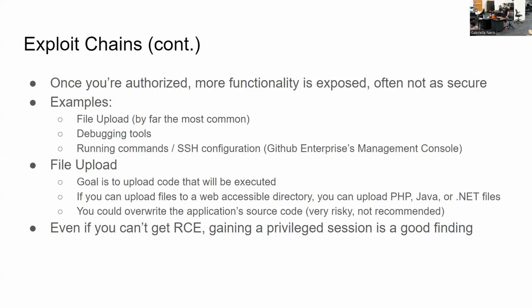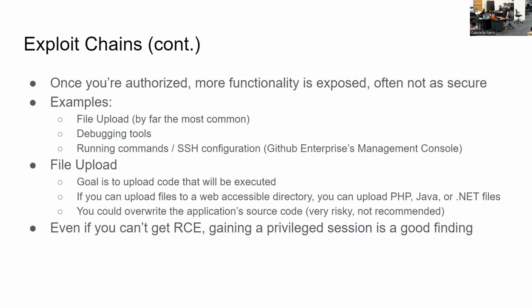So 3 ways you could get remote code execution after being authorized are with a file upload, which is by far the most common way; debugging tools that might be exposed to administrator accounts, or running commands; or being able to configure SSH, like by uploading a key to the server.